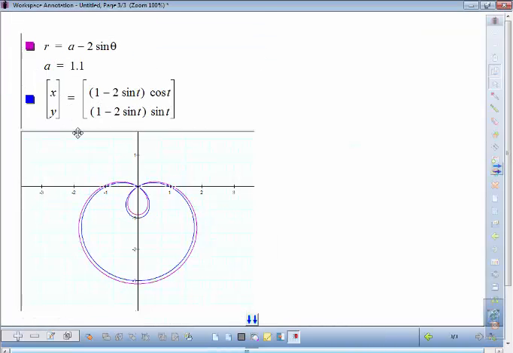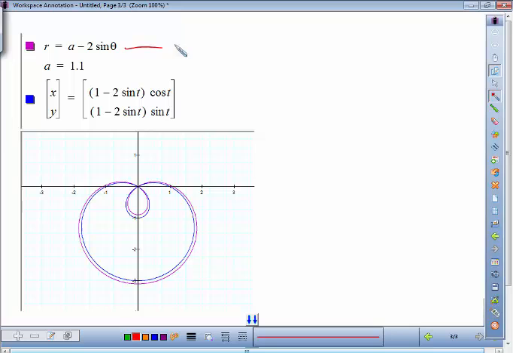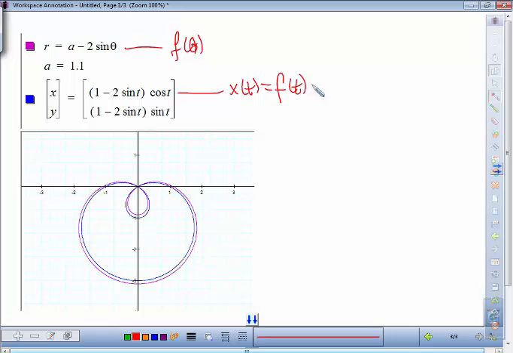So we can think about this as your f of theta function, and here your x of t is equal to f of t times cosine of t, and then your y of t is equal to f of t.